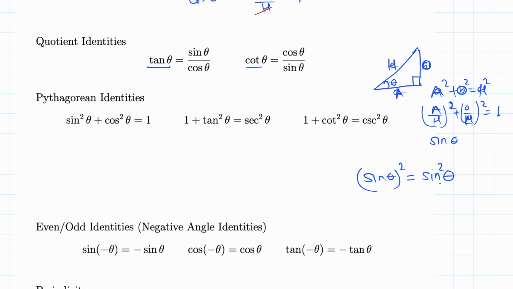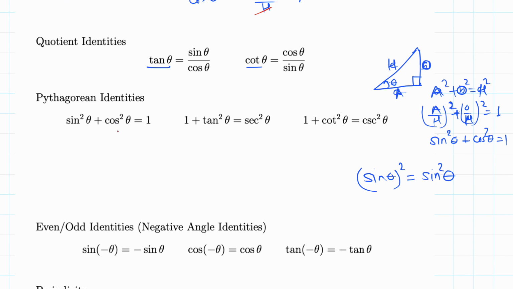This is just shorthand notation. So opposite over hypotenuse squared is sine square theta, plus adjacent over hypotenuse squared, that's cosine square theta, equals 1. So that's the most used Pythagorean identity: sine square plus cosine square equals 1.